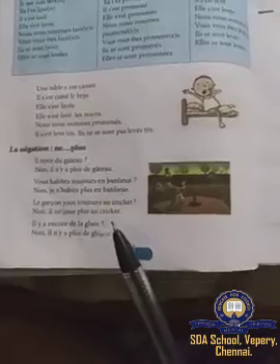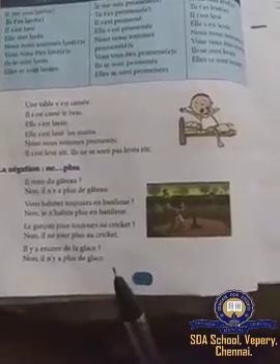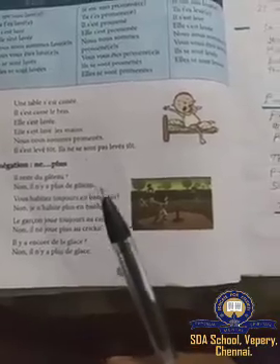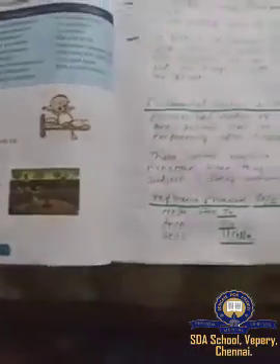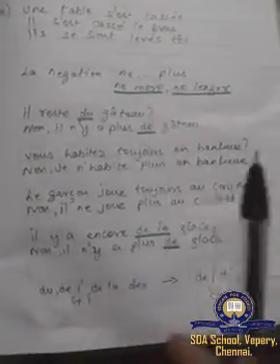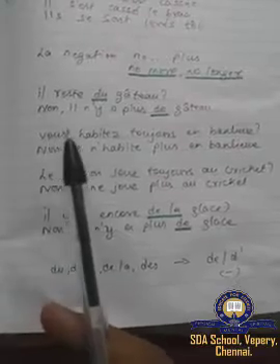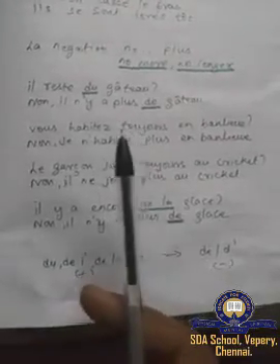After that, negation. This is another kind of negative formation: ne plus, another kind of negative formation like ne pas. What is meant by ne plus? It means no more, no longer. An example is given of how you have to make it negative.